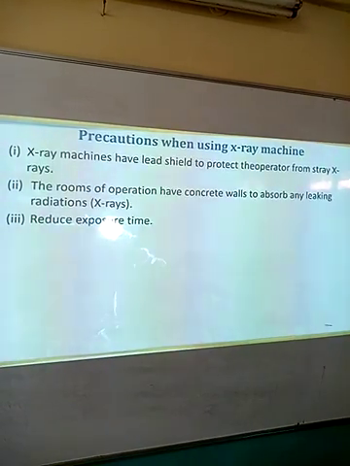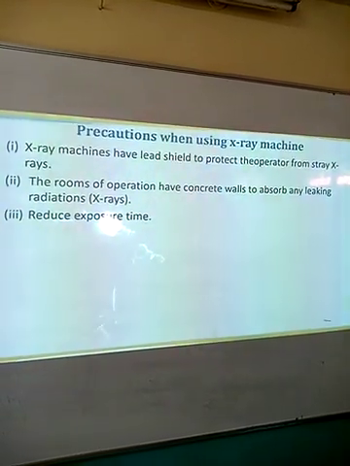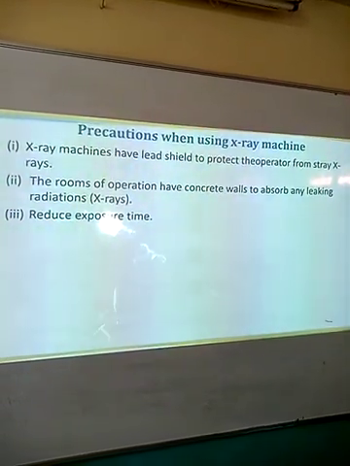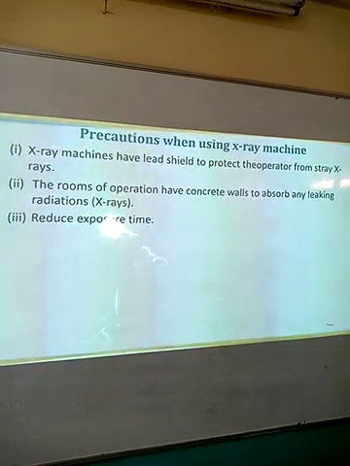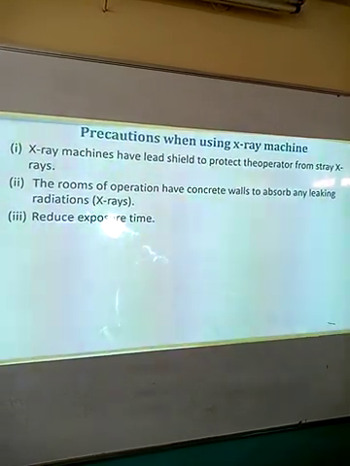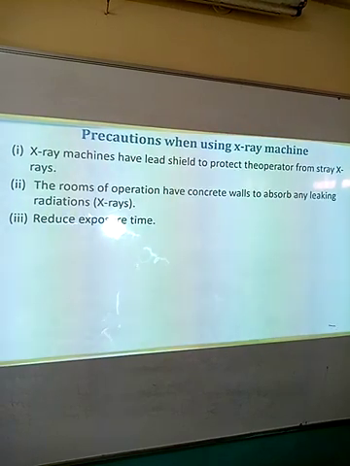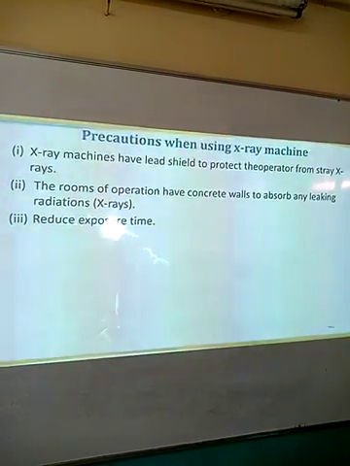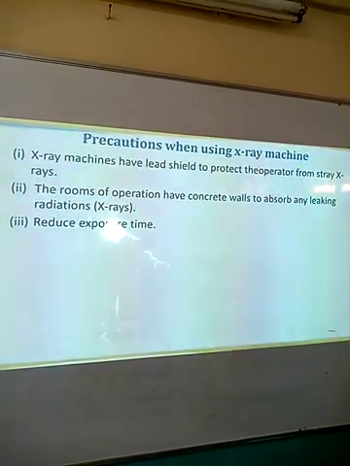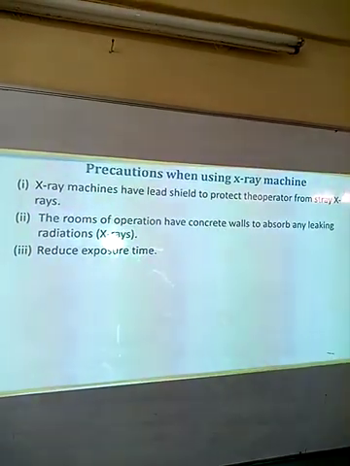Finally, we have to reduce the exposure time. Even when somebody is being taken for an X-ray, the exposure time is reduced, because overexposure can bring other problems.